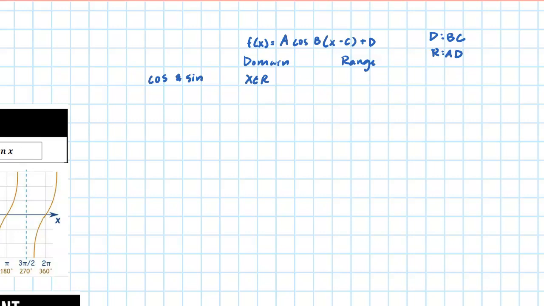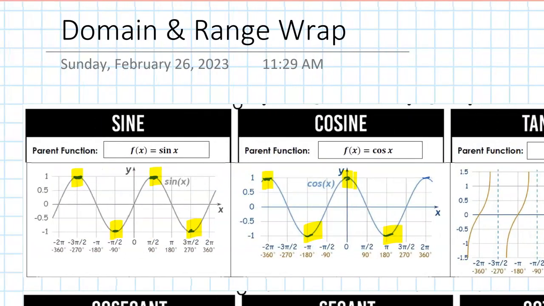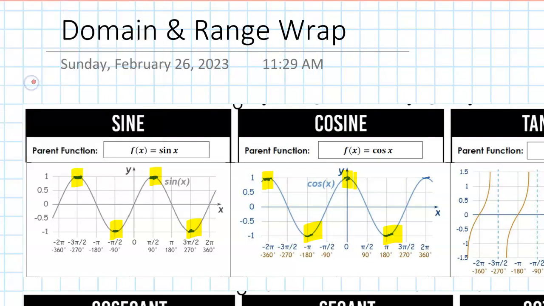Okay, now the range, if you look at the cosine and sine range, the outputs, I kind of marked them for you right here. It's between 1 and -1. And remember, these are called maximums right here, and these are minimums.